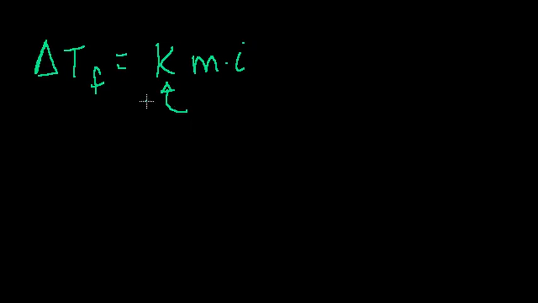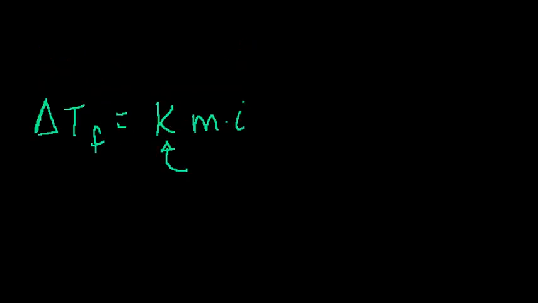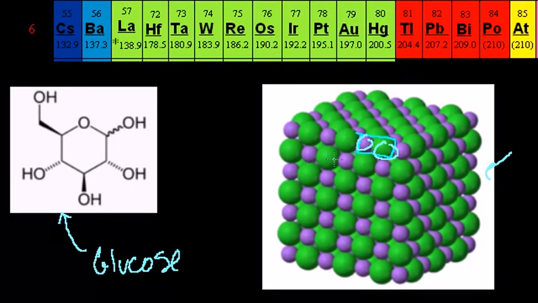But the really big takeaway is that even if you have a mole of this and a mole of that, dissolved in the same amount of water, this dissociates into 2 moles for every mole of the crystal you have, while glucose doesn't dissociate, it just stays as 1. So this will have twice as large an effect on the freezing point change or the boiling point elevation than the glucose will.